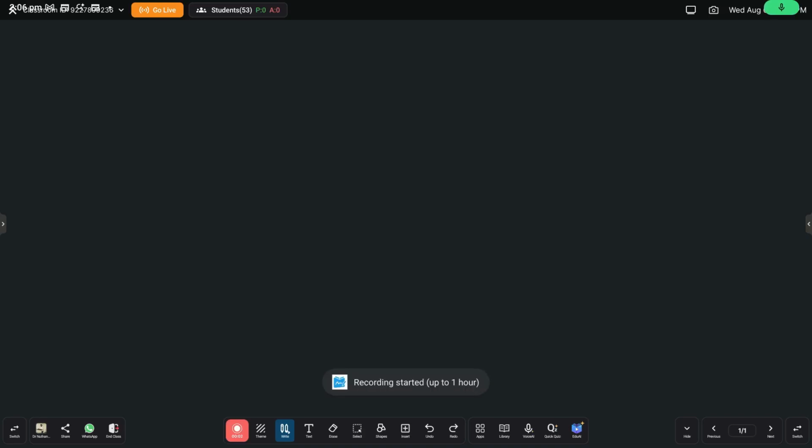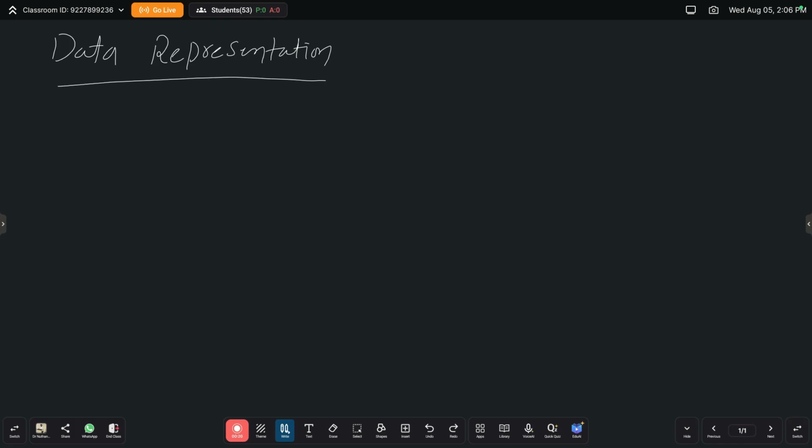Today we are going to learn initially data representation. Whenever we communicate with a machine, maybe through a programming language, different representations are there.